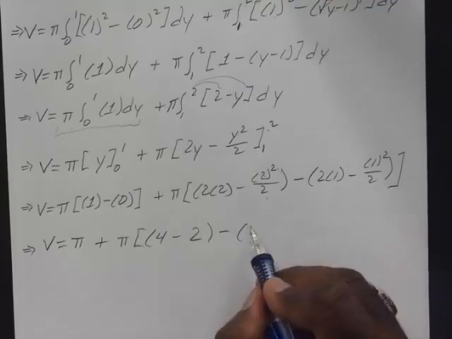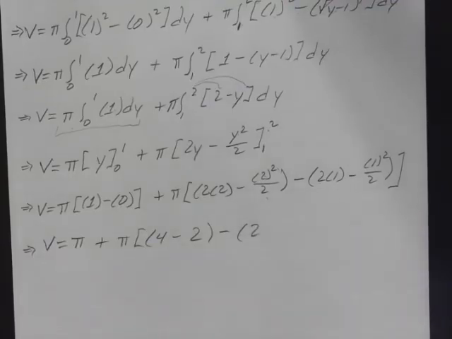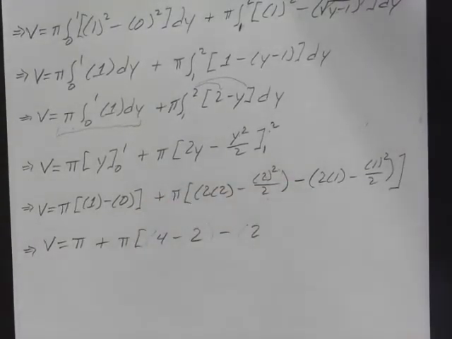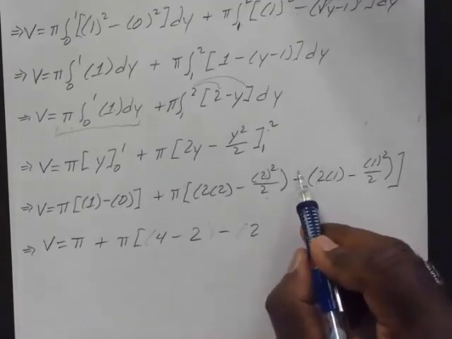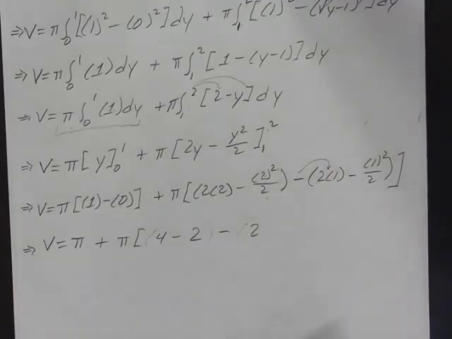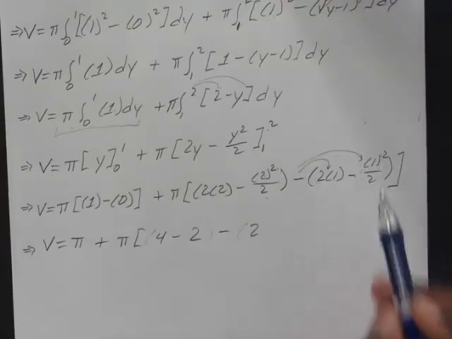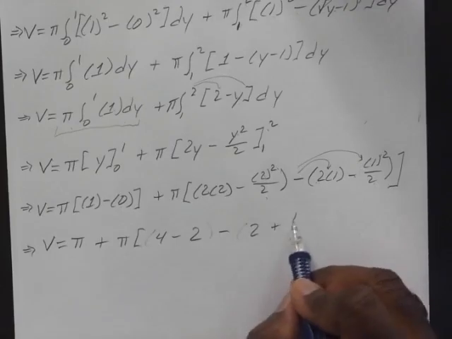Minus 2 times 1, which is 2. And actually, we can just drop the parentheses and put it all together so we can avoid doing multiple steps. 2 times 1 is 2. Distribute that, makes it negative 2. Negative 1/2. Distribute that negative, makes it positive 1/2.